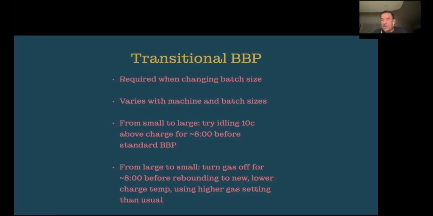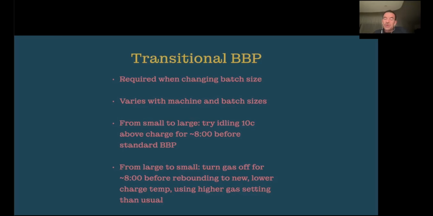If, for example, you have a 12 kilo machine and you want to switch from a 5 kilo batch to a 10 kilo batch, each batch size needs its own between batch protocol. So the temperatures are going to be a little bit higher during the BBP during the 10 kilo batches than during the 5 kilo batches. But also, when you do your last 5 kilo batch, right before your first 10 kilo batch, ideally you'll use something called a transitional BBP.